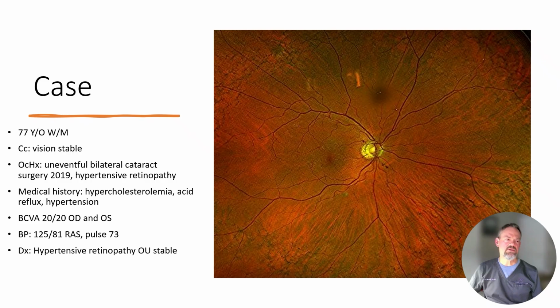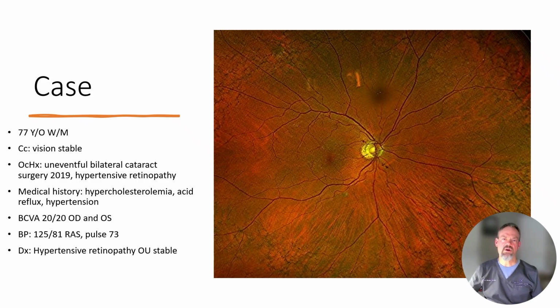And in case 2, we have a 77-year-old who reports stable vision, who has a history of cataract surgery and hypertensive retinopathy, along with hypertension and some other comorbidities. The vision is unaffected, and today the blood pressure is good, and the patient reports good blood pressure since the last visit. So our diagnosis is hypertensive retinopathy that is stable.